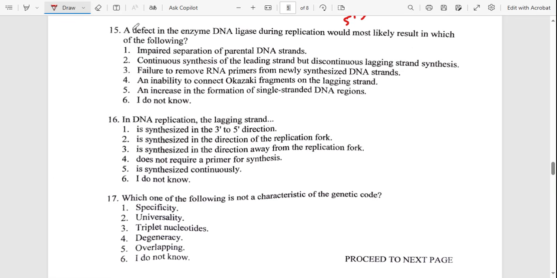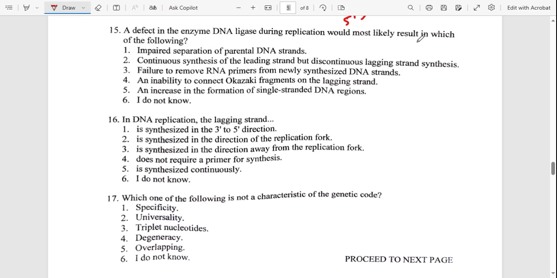Number 15 is saying a defect in the enzyme DNA ligase during replication would most likely result in which of the following: impaired separation of parental DNA strands, continuous synthesis of the leading strand but discontinuous lagging strand synthesis, failure to remove RNA primers from the newly synthesized DNA strand, an inability to connect Okazaki fragments on the lagging strand, and an increase in the formation of single-stranded DNA regions.